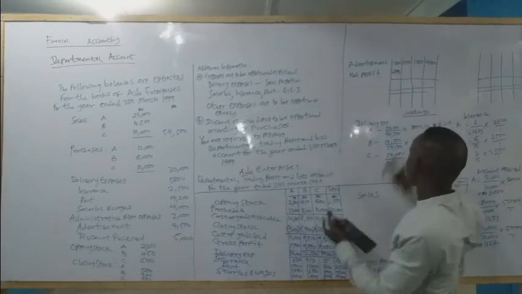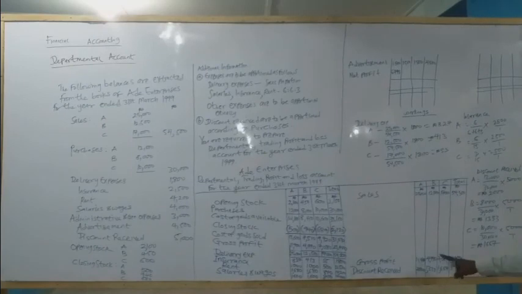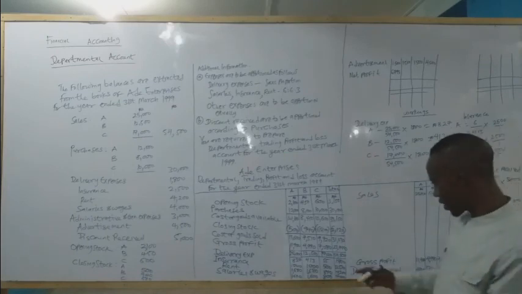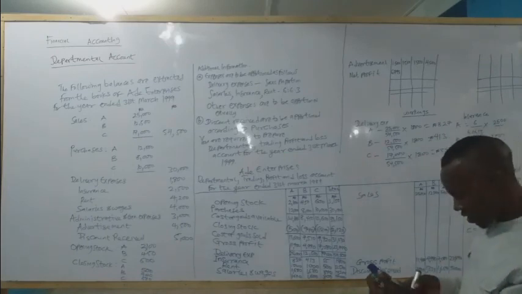So here we have 6,793. Then for department B, the same thing, add up 4,990 plus 1,333. Then less our expenses.